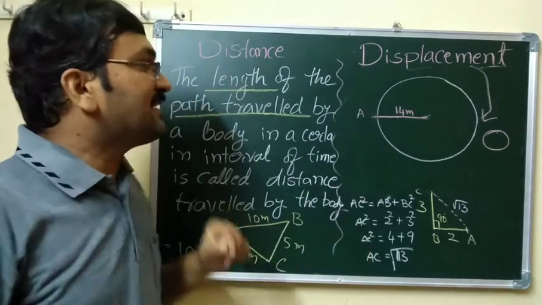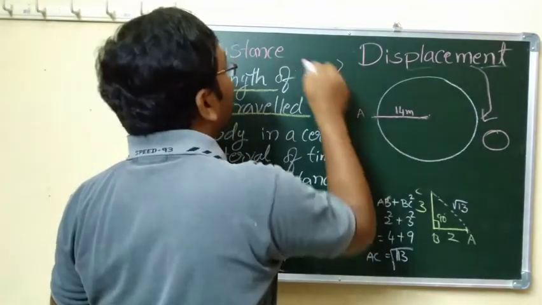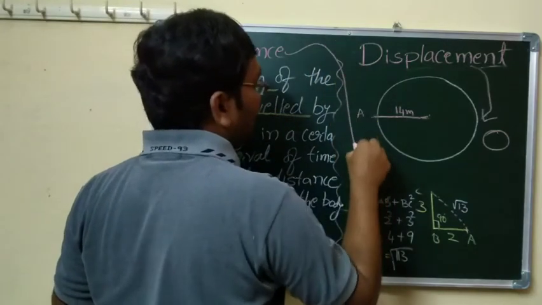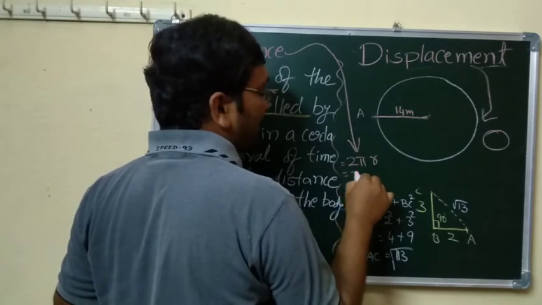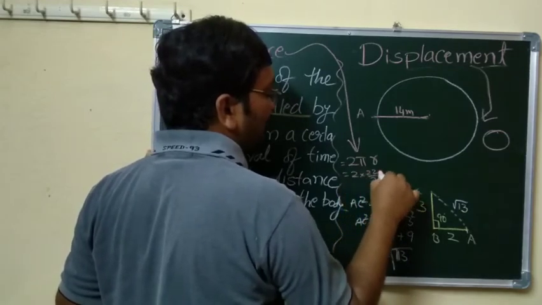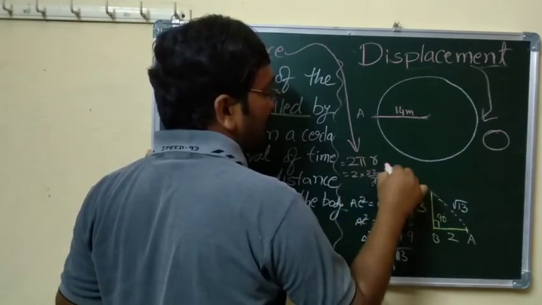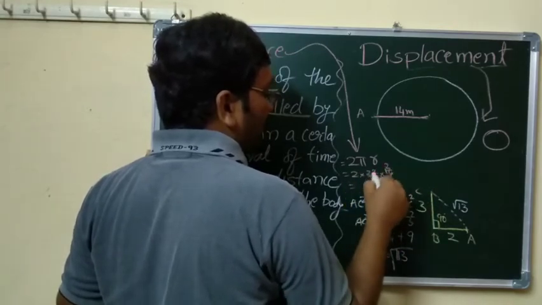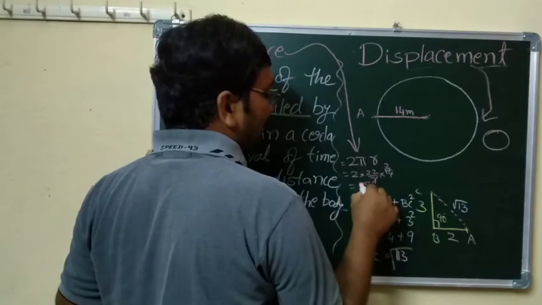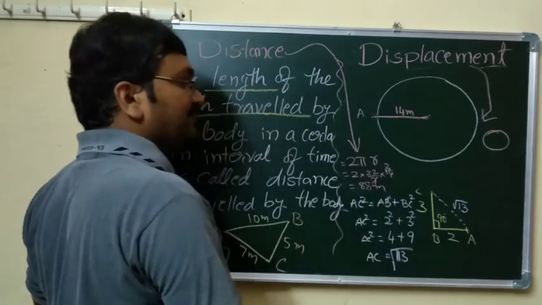But for distance, see how we want to write it. It is 2 pi r. 2 pi means 2 times 22 by 7, and r is 14. So 7 ones are 7, 2 sevens are 14, 2 twos are 4, so 4 times 22 is 88 meters.